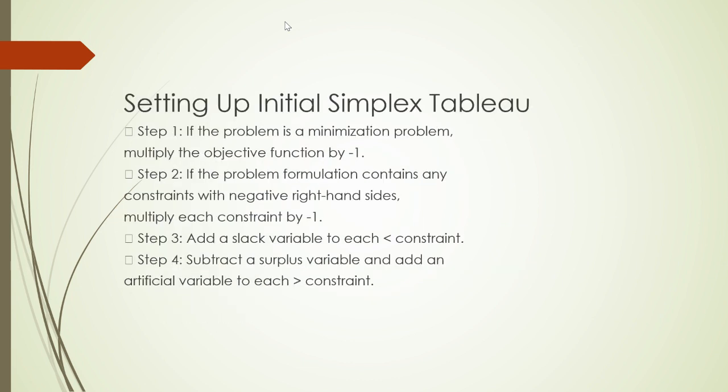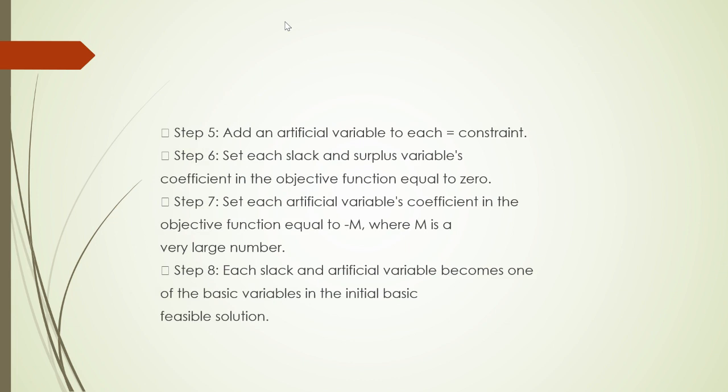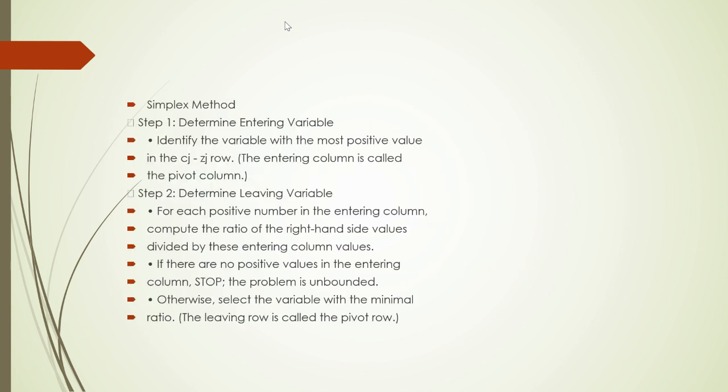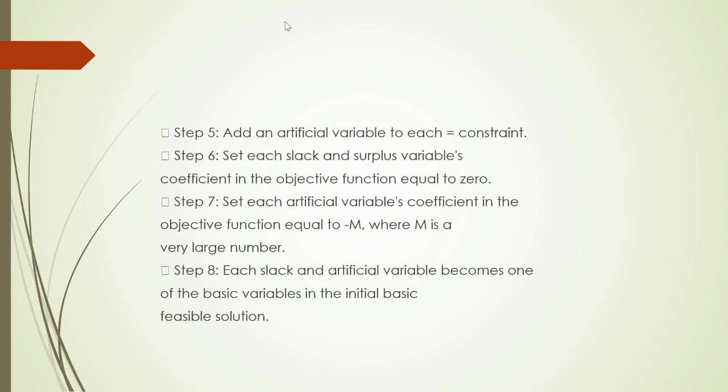We'll add a slack variable to a less than constraint, or we'll subtract a surplus variable and add an artificial variable to each more than or equal to constraint. And we'll add artificial variables if the given constraint equation is of equal type. This is the first important step in the simplex algorithm.